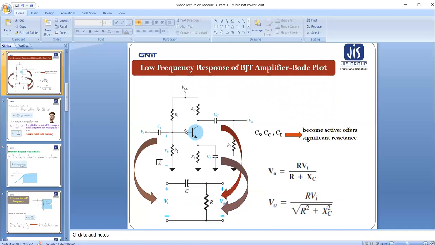So the input impedance will be R1 parallel R2 parallel hie. It is considered as this Ri.